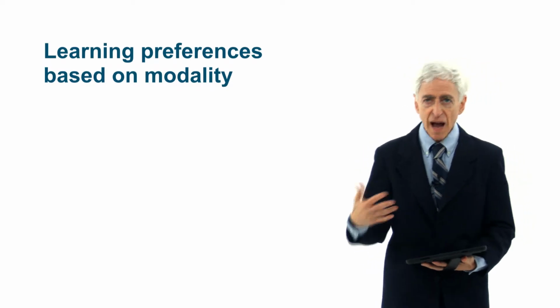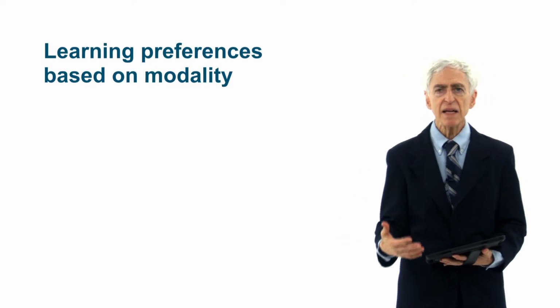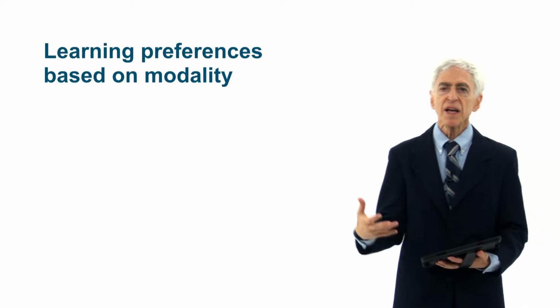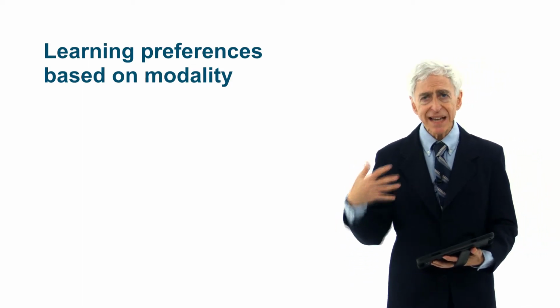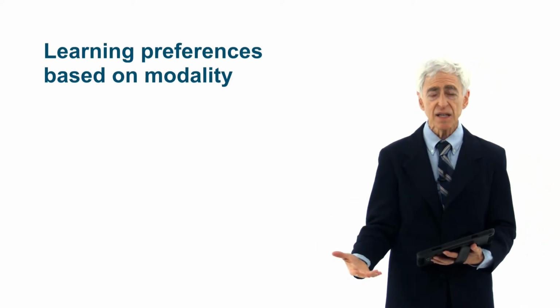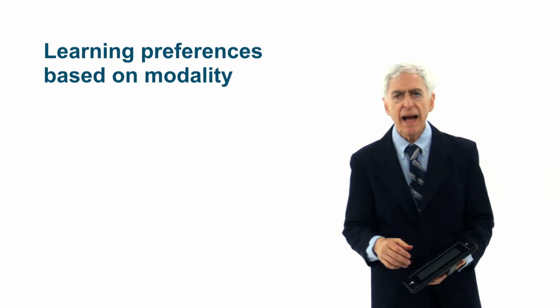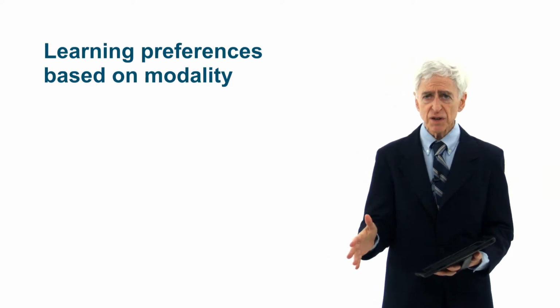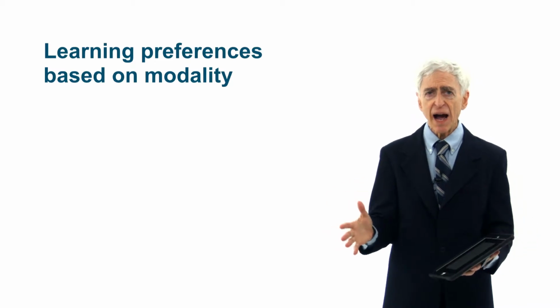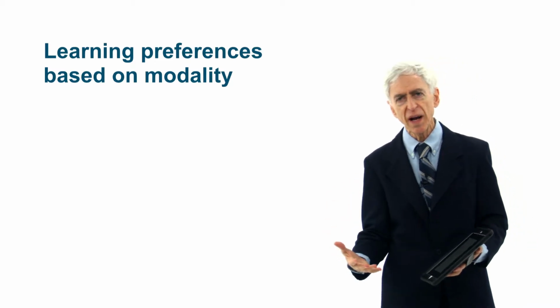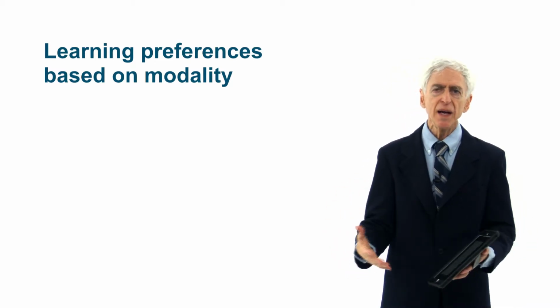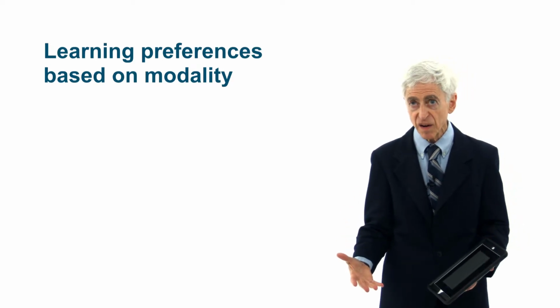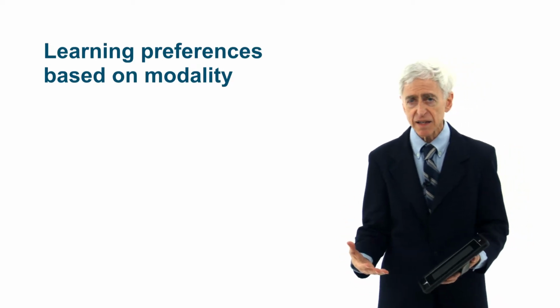Because what scientists have discovered over time is that people learn in different ways. They have different modalities, preferred modalities of learning. And various researchers have categorized these modalities in various ways. Some of them come up with 3 or 4 or 5 categories of learning modalities.